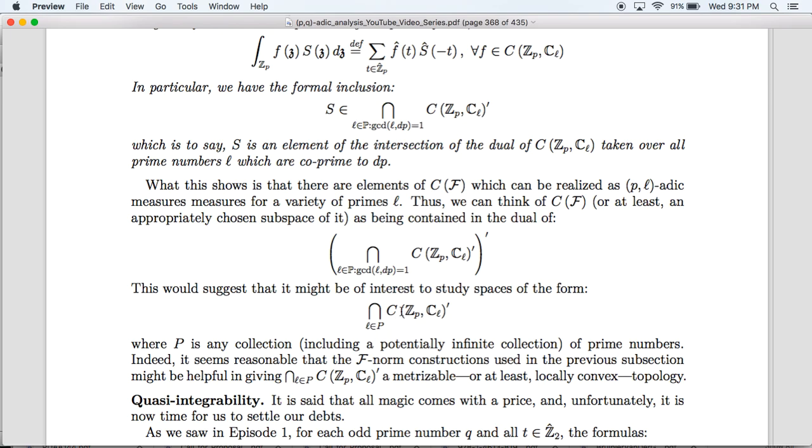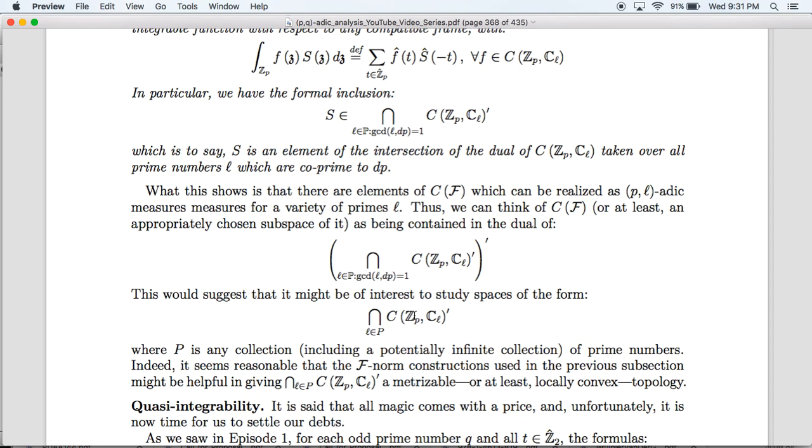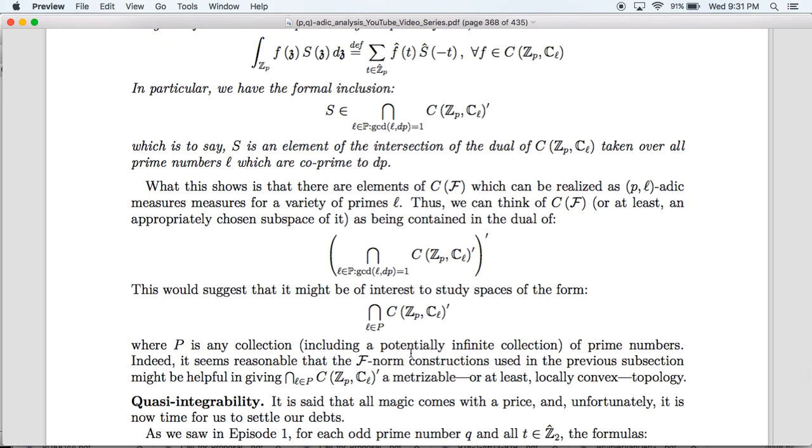But so then, at the very least, this is going to be a vector space over Q bar, and then again, we can use our semi-norm constructions or F-norm constructions to potentially make this into a locally convex or possibly even metrizable space. Would it be a ring with respect to convolution? But again, there are lots of open questions here. And so next time, for the last part, we're going to study something really cool, which is quasi-integrability.